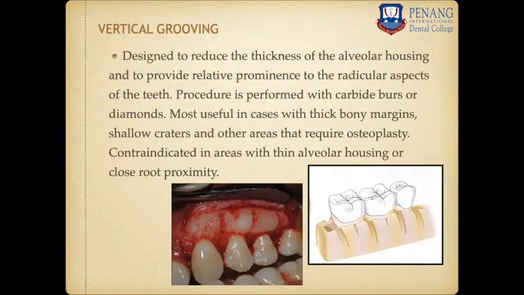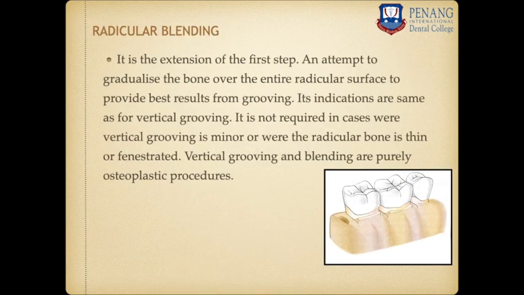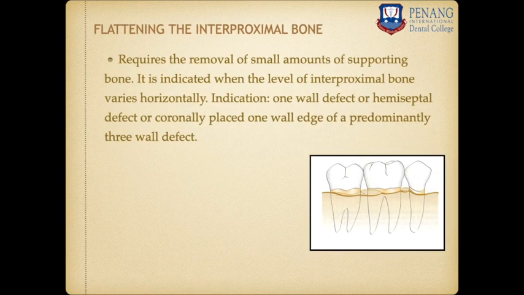We have seen vertical grooving, where we put vertical grooves. The next step is radicular blending. We join these vertical grooves together to blend the bone into a more physiological contour. The third step is the flattening of interproximal bone, where we remove the irregular interproximal bone and make it more flat.